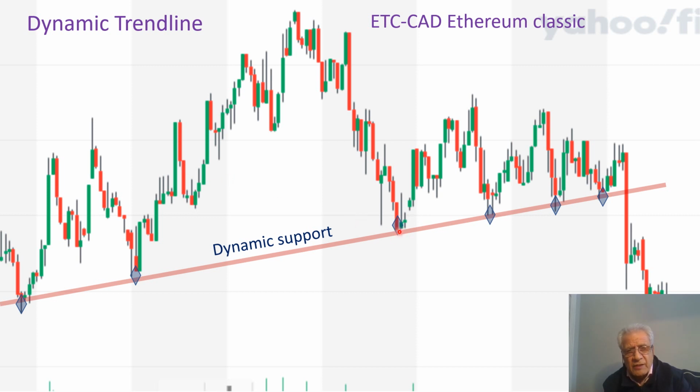So you can enter the market, and in this part you see that the price broke the support and went down. Later on, I'm going to talk about what is the best strategy to enter the market here.